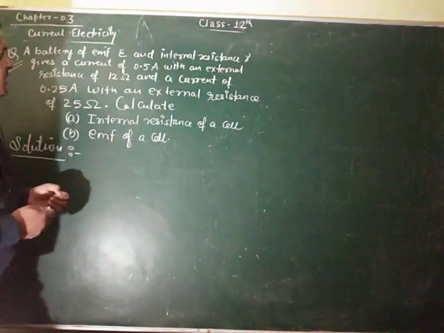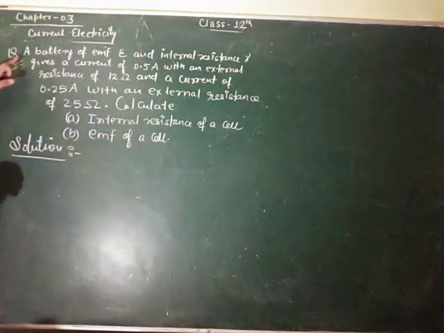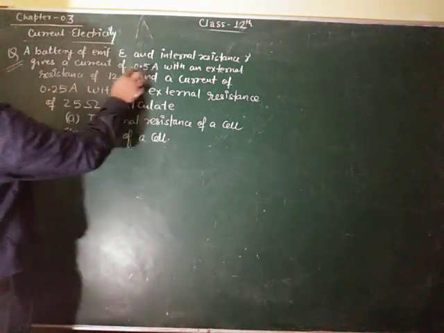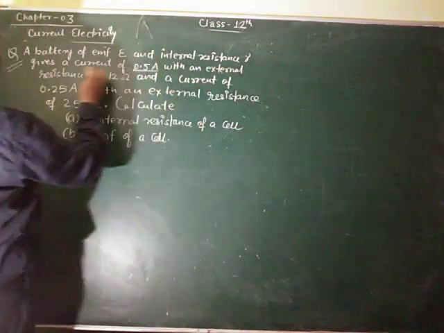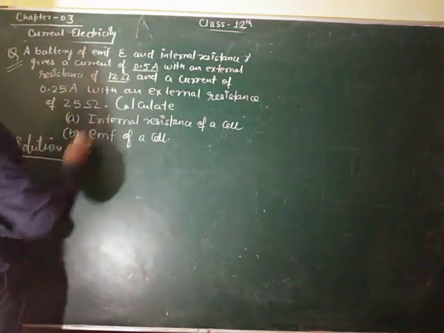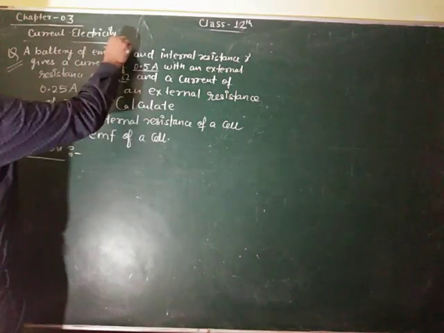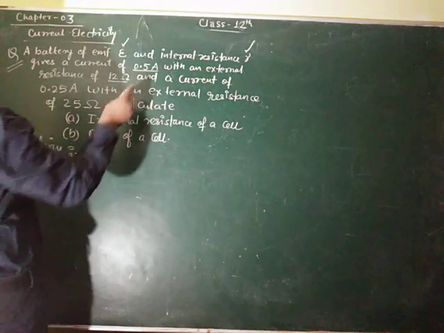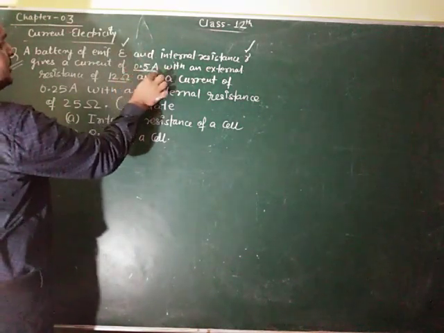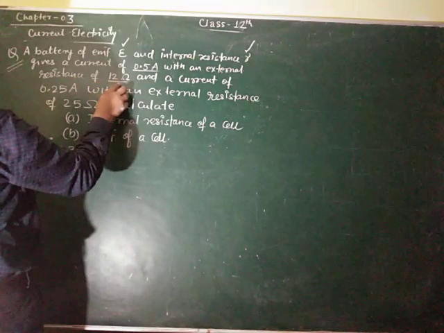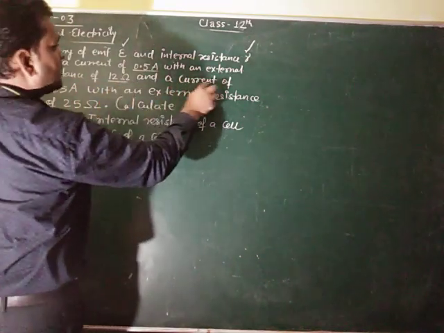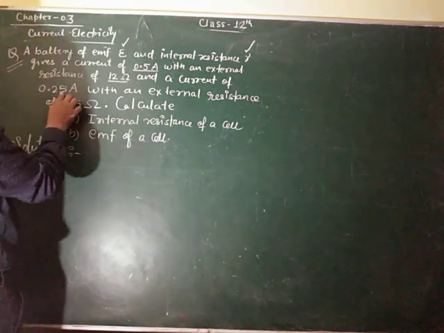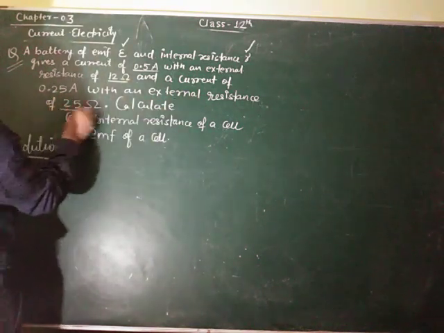Okay. One example is given here. A battery of EMF E and internal resistance R gives a current of 0.5 ampere with an external resistance of 12 ohm, and a current of 0.25 ampere with an external resistance of 25 ohm.